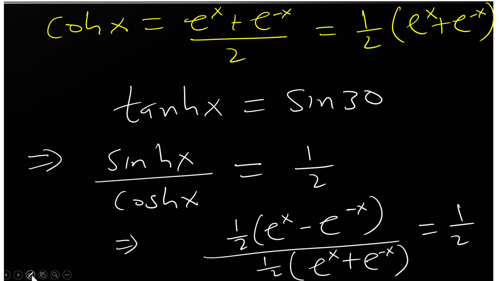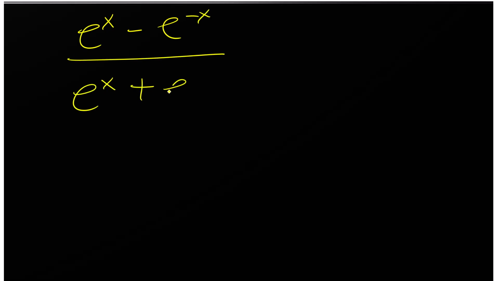So we can do cancellation here. This one will cancel. I will leave e to the power x minus e to the power minus x on e to the power x plus e to the power minus x equals half.